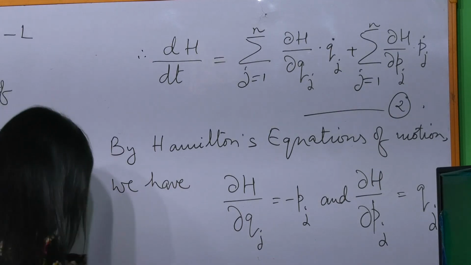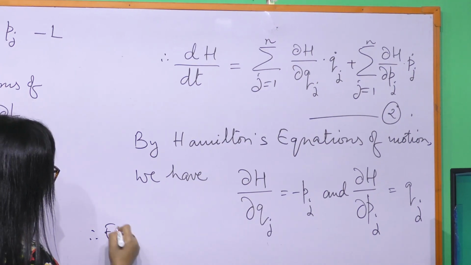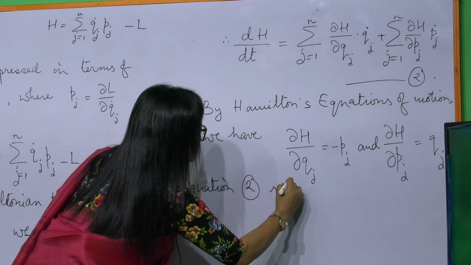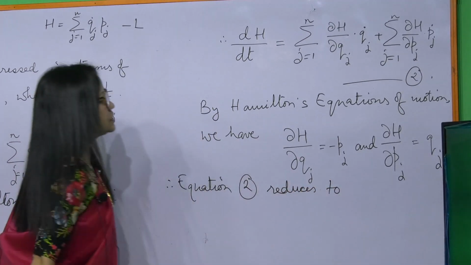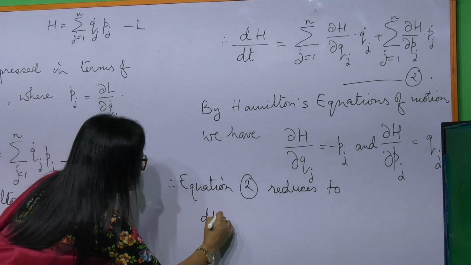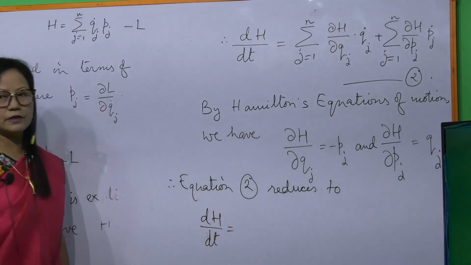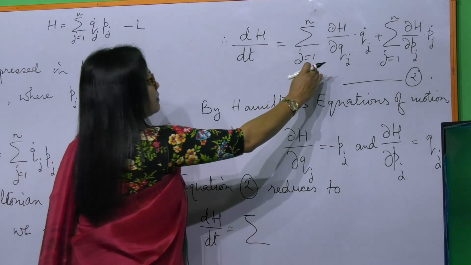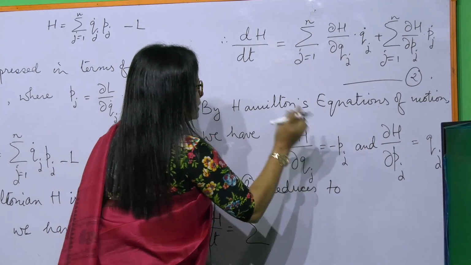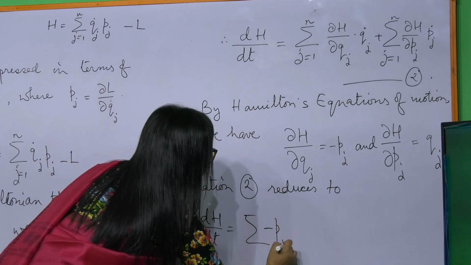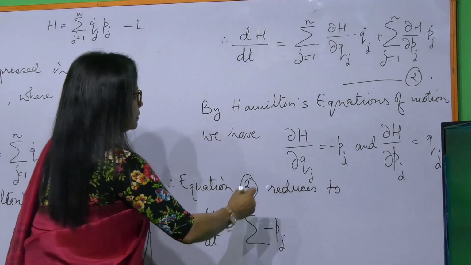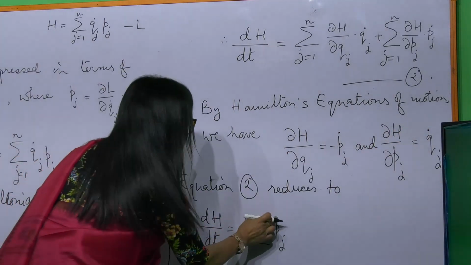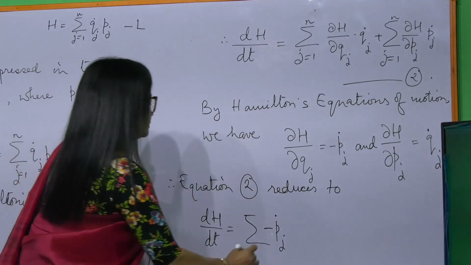Therefore equation 2 reduces to, the left hand side remains the same, dH by dt is equal to, the first summation becomes, by writing del H by del qj as minus pj dot, minus pj dot and this is qj dot.